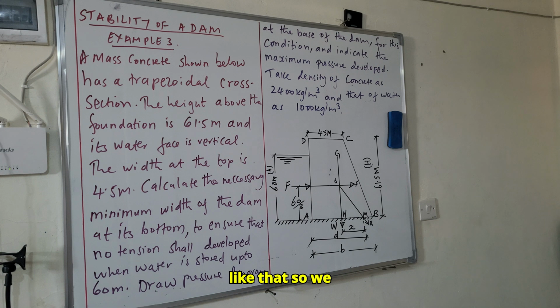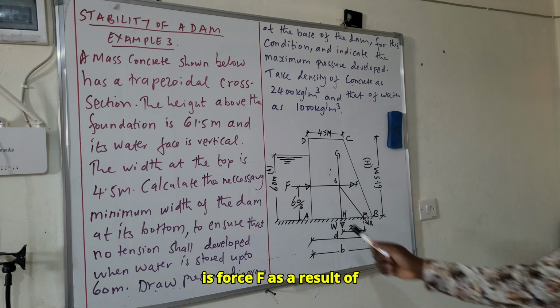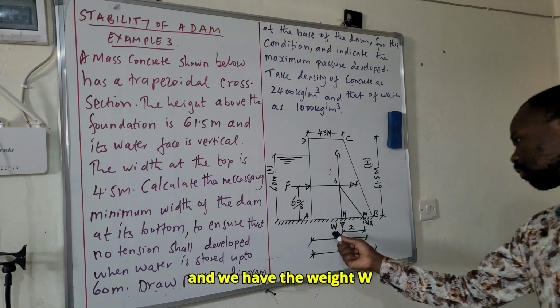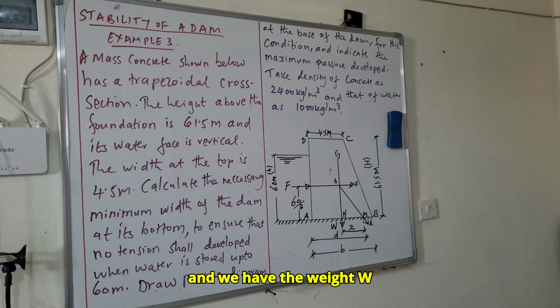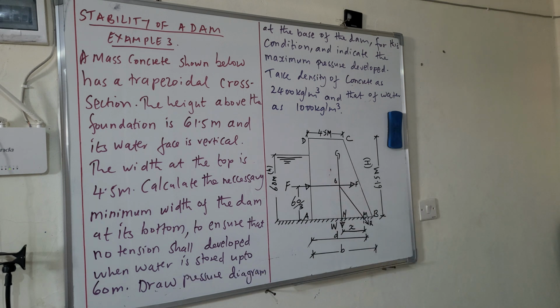So we have already indicated the forces acting on this dam: force F as a result of pressure of water, and the weight W as a result of the mass concrete of this dam.